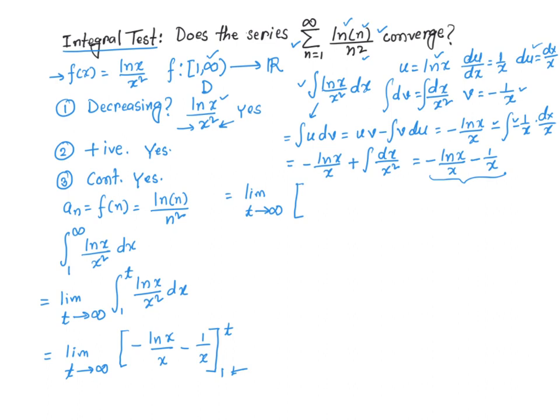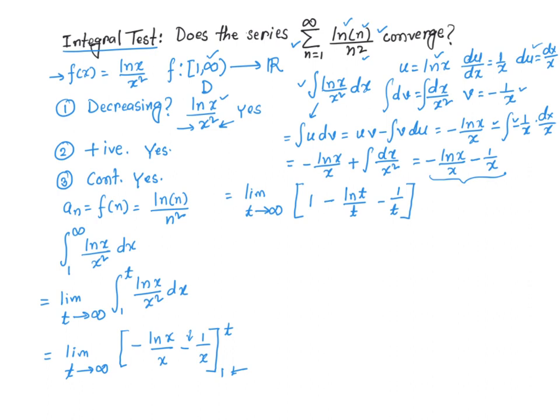It's going to be 1, because 1 over x is just 1 when x equals 1, and the negative gets cancelled because you're subtracting. Similarly, ln of 1 is 0. So this is going to be just 1, and then minus ln of t over t minus 1 over t.